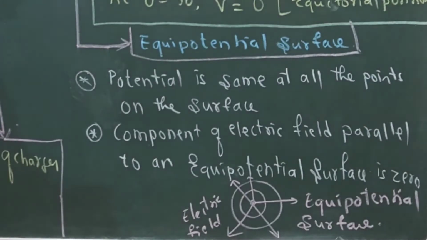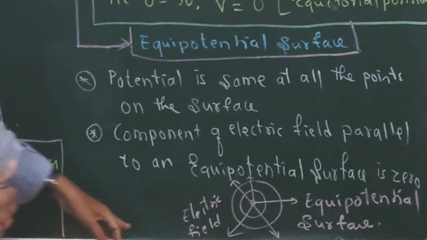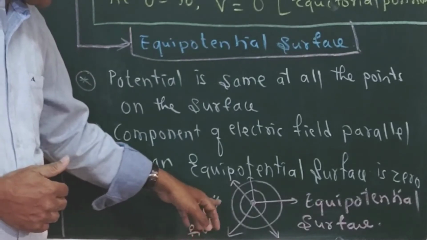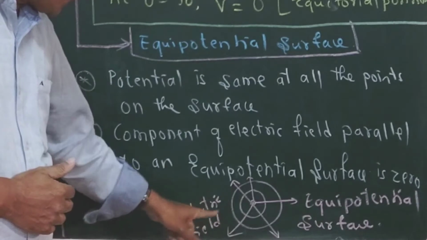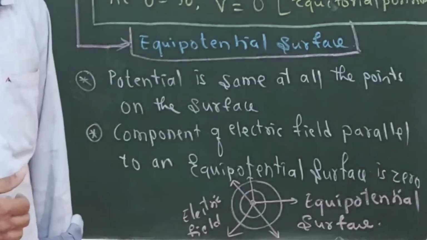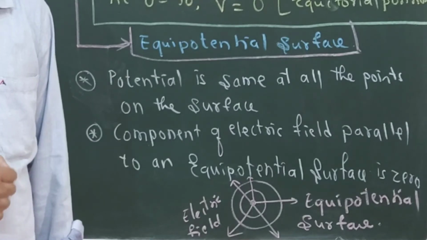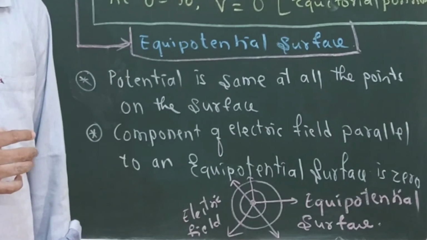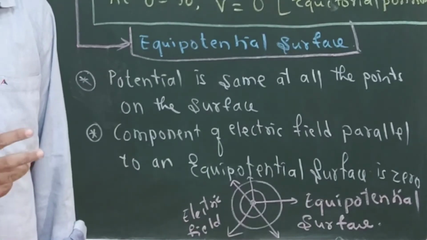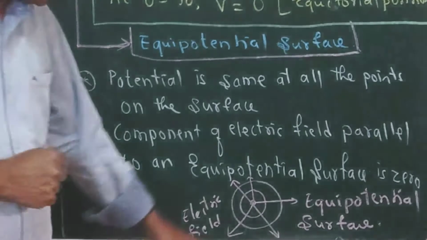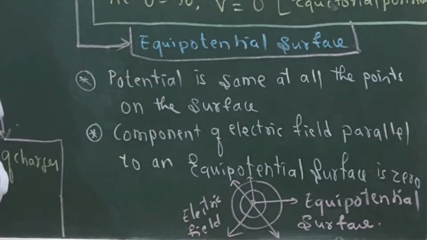The electric field becomes 0 because the potential is constant. Inside a conductor the electric field is always 0, but the potential is constant. This is what we call the equipotential surface.